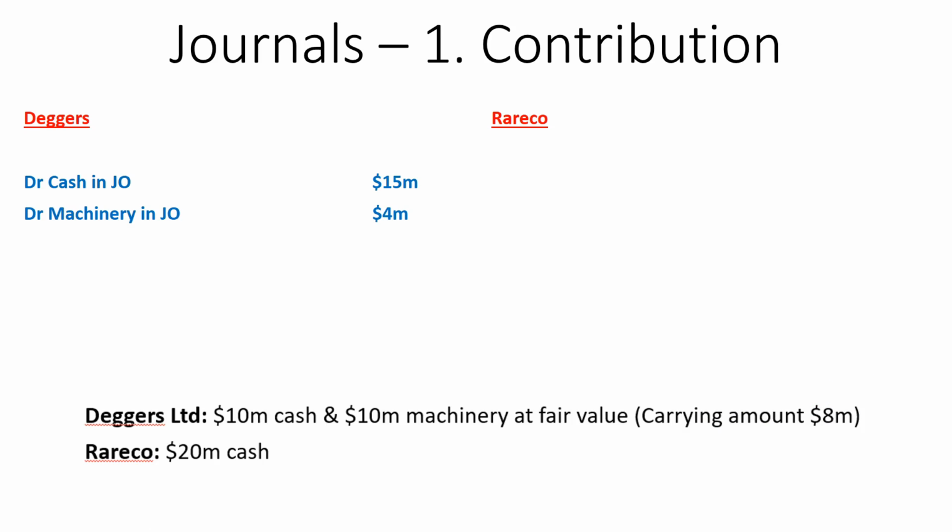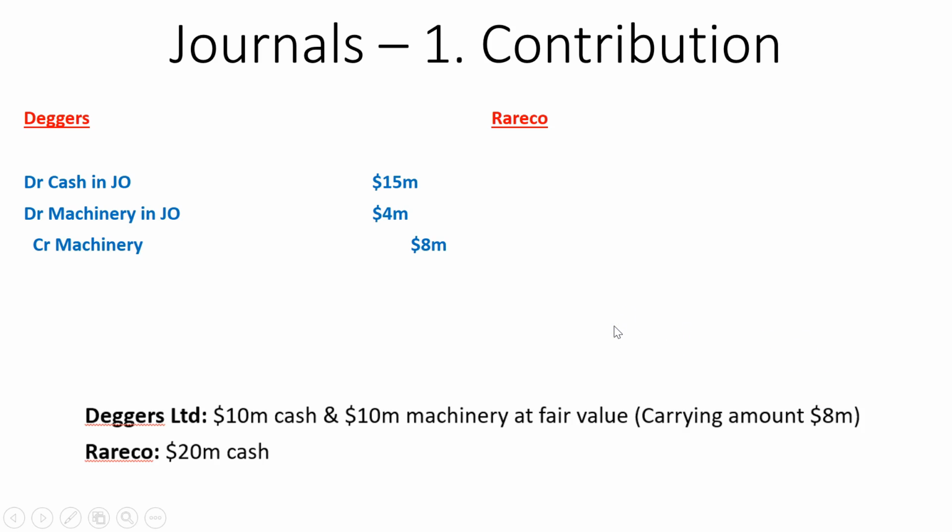Because they've contributed to the joint operation, they're now only entitled to half of that machinery. If the carrying amount was $8 million when they put the full machinery in, 50% of that is $4 million. So from Deggers Limited's perspective, that machinery is worth $4 million, but it is now sitting in the joint operation. So we need to debit the machinery in joint operation by $4 million.